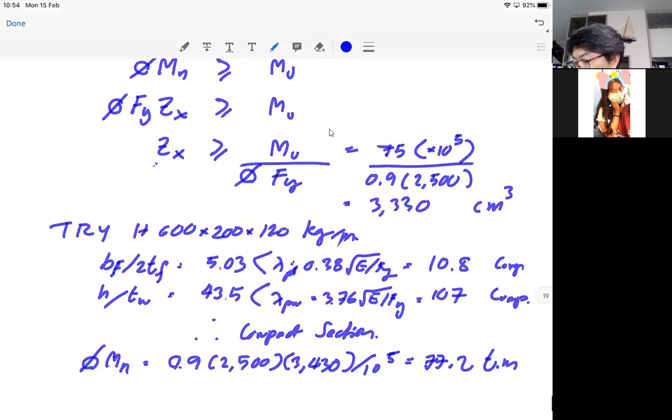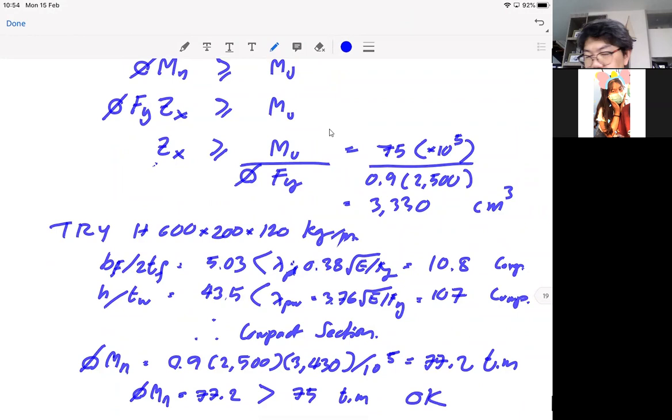So you should say phi Mn is equal to 77.2, greater than 75 ton meter. So you have the big, okay.